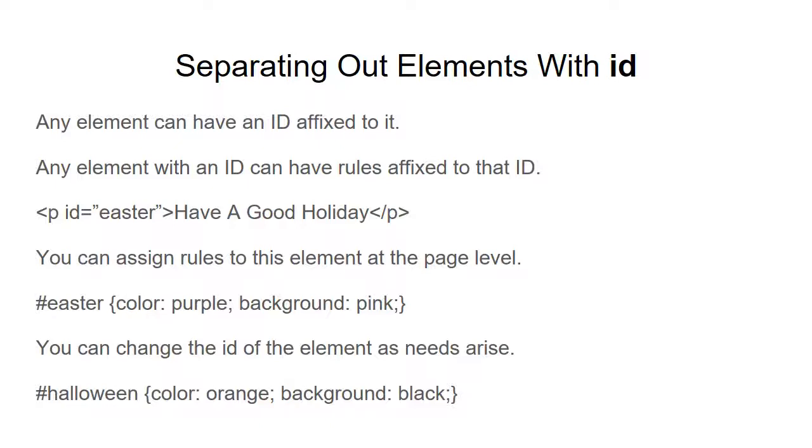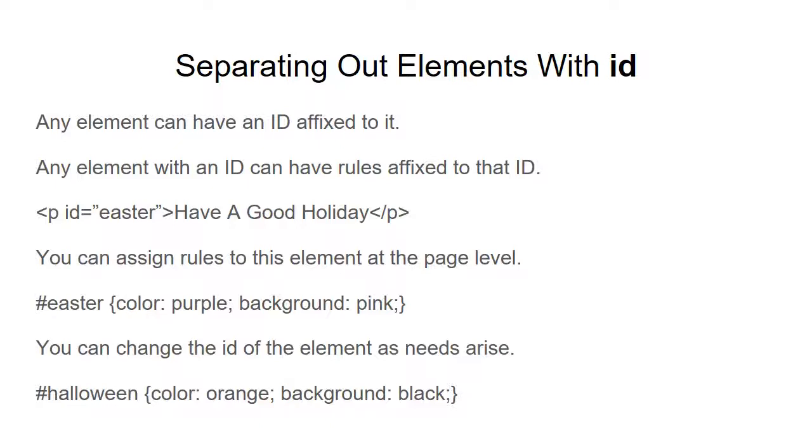And so we did it also with Halloween. So the third from last and last lines of this slide, you can see two rules which color paragraphs with those holiday name IDs, and only those paragraphs.